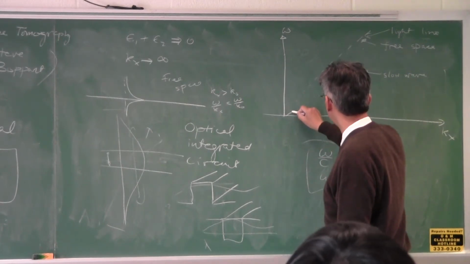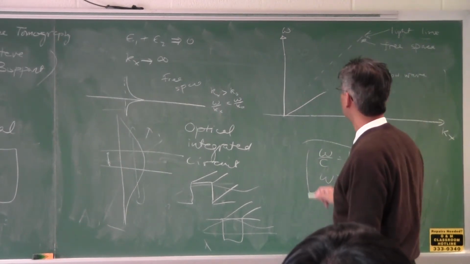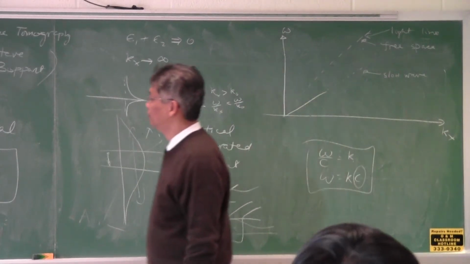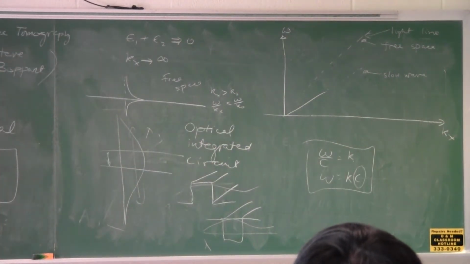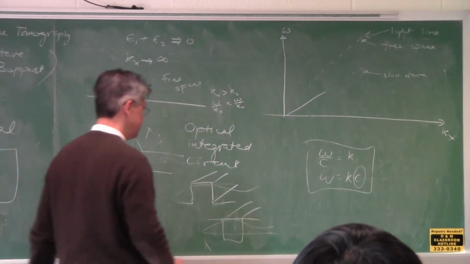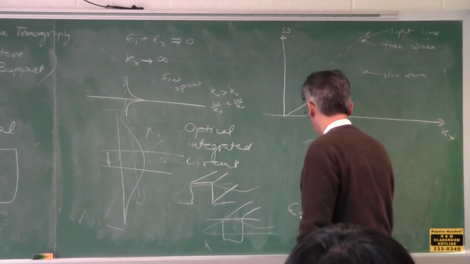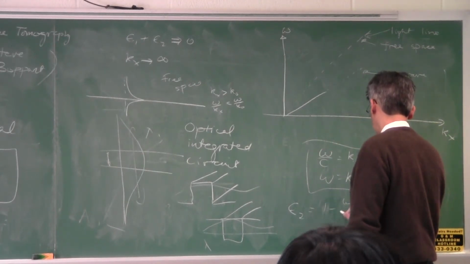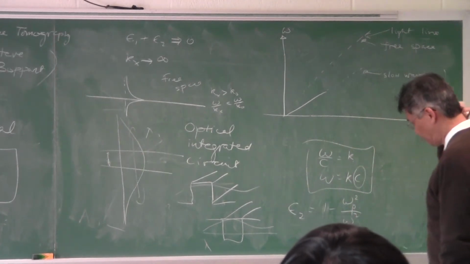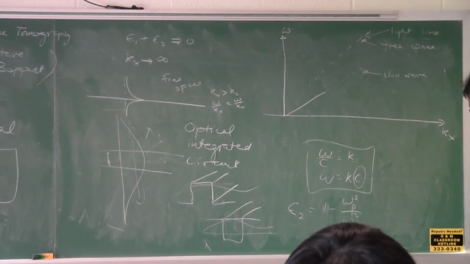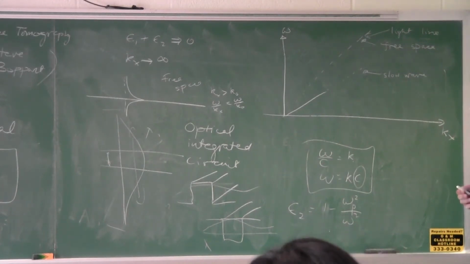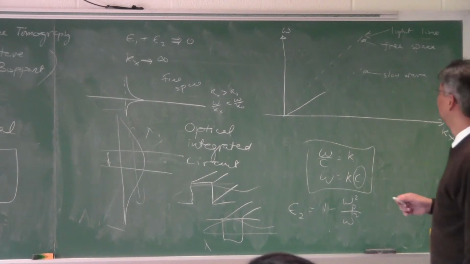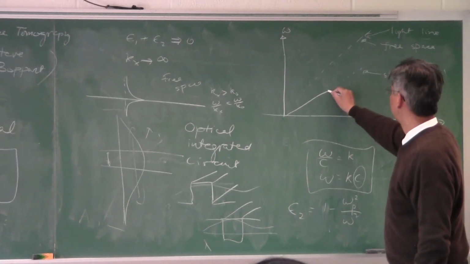But there's something unusual with this waveguide, which is that if you hit the resonance frequency, so the epsilon 2 becomes very negative. Epsilon 2, just using a very simple plasma model, epsilon 2 is just equal to this thing. So if you hit the plasma resonance frequency, epsilon 2 can become very negative. Okay? And then this curve just veers off like that.